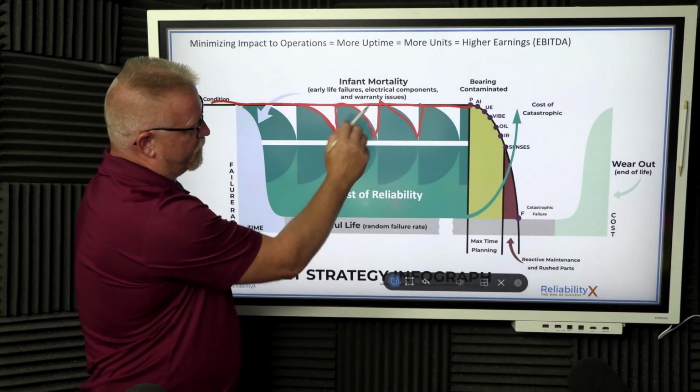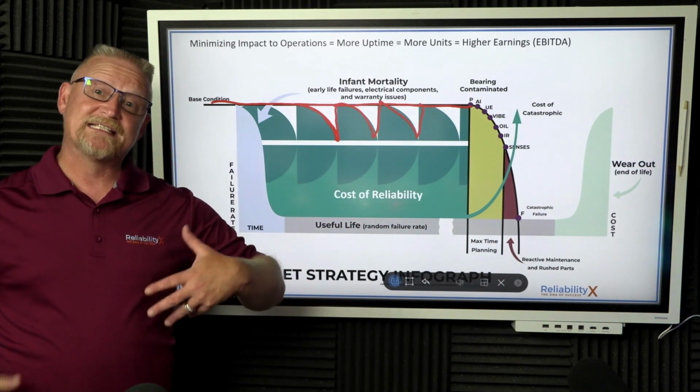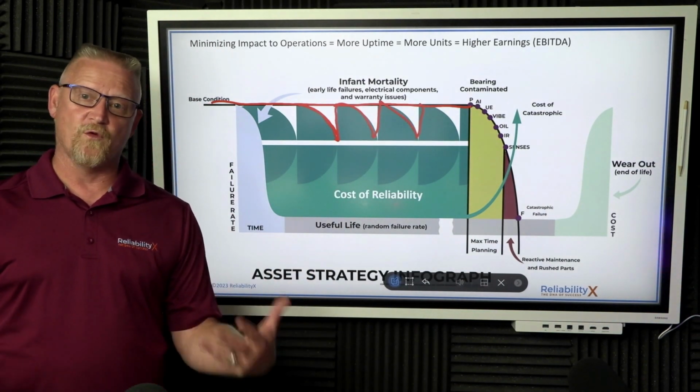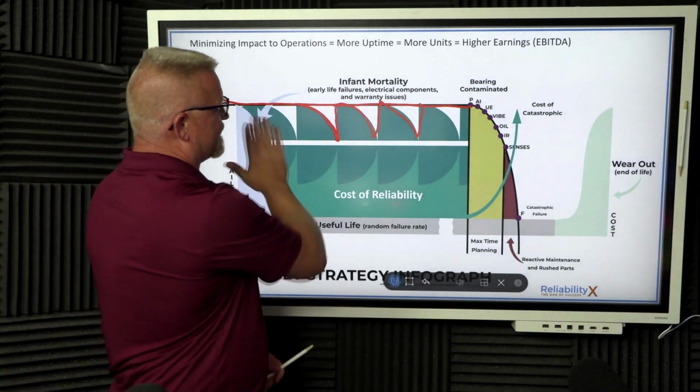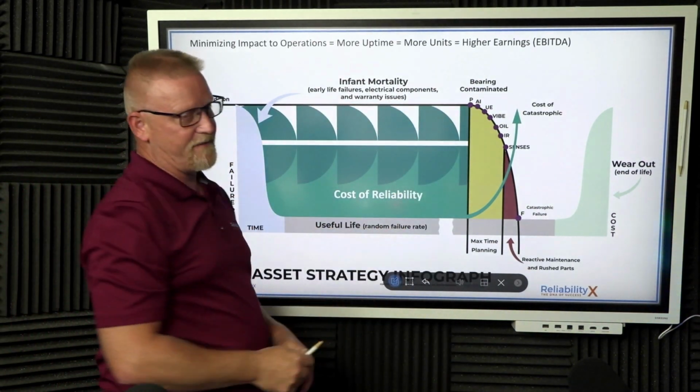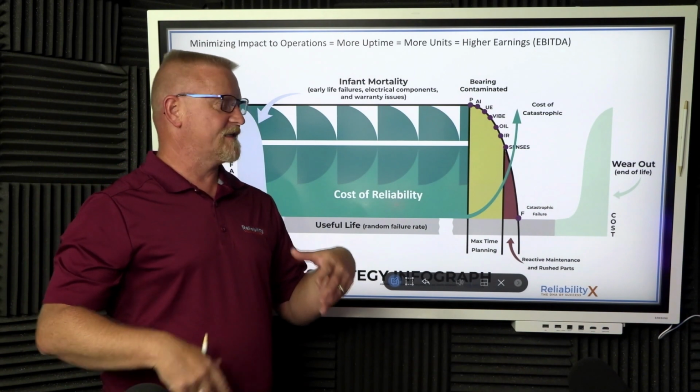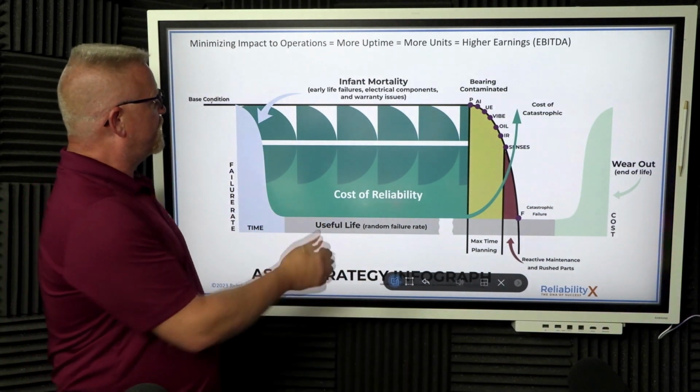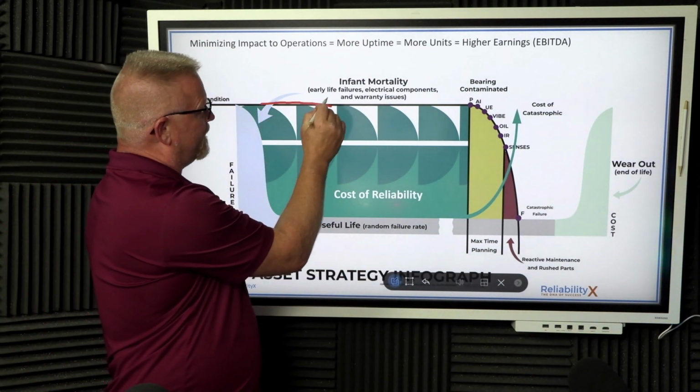In addition to restoring back to base condition, we assess the condition of the asset throughout its life. We utilize techniques like vibration analysis and oil analysis and infrared thermography to test and assess the condition of the asset during that life cycle.